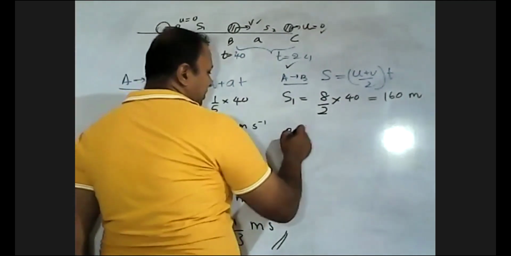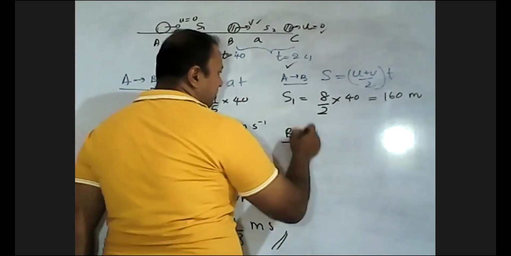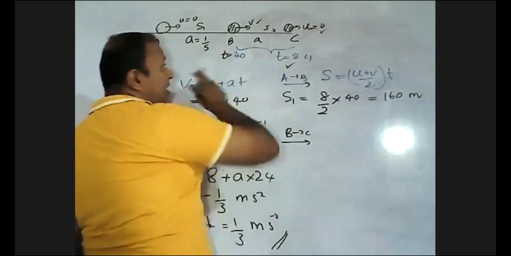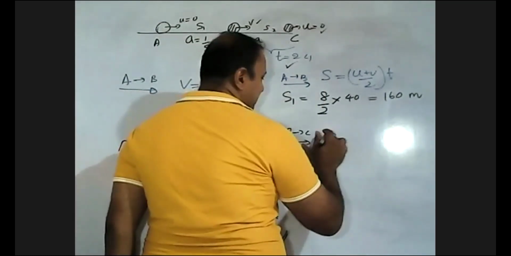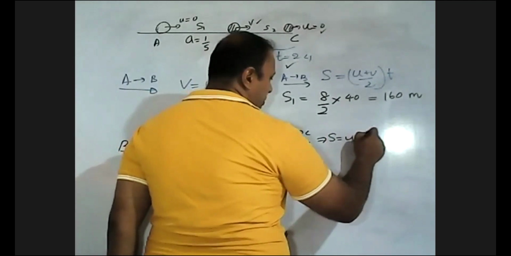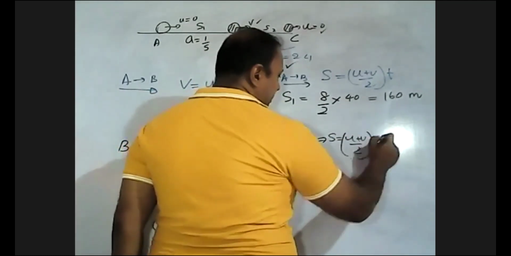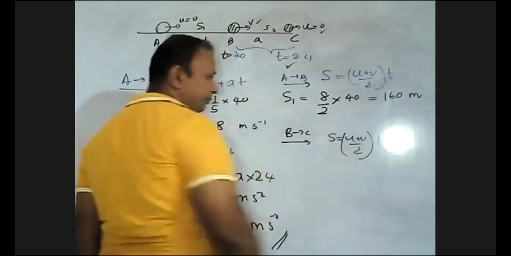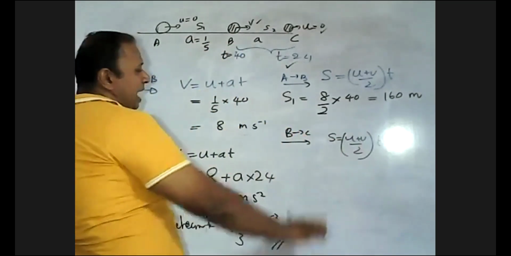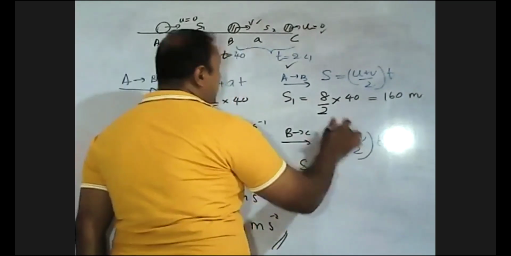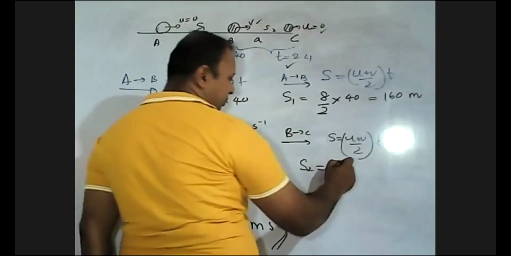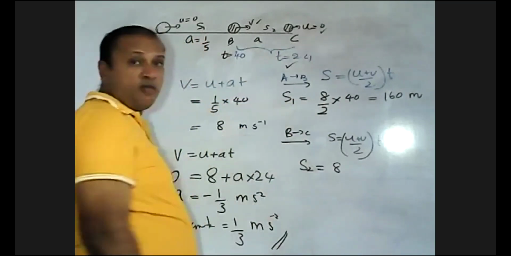Then B to C, in this direction, I can use the same equation, S equal U plus V over 2 times T. Therefore, displacement is now S2. Now U is 8, V is 0.